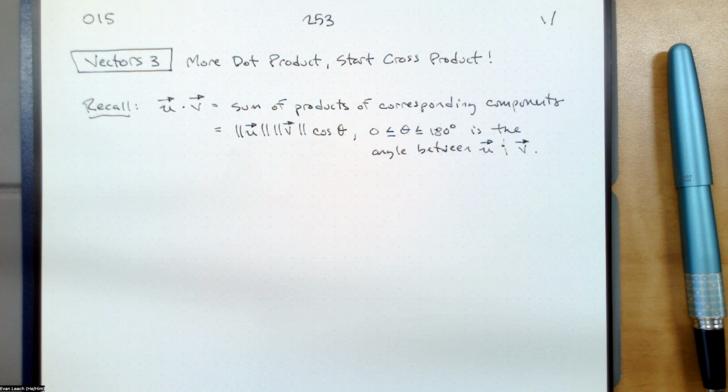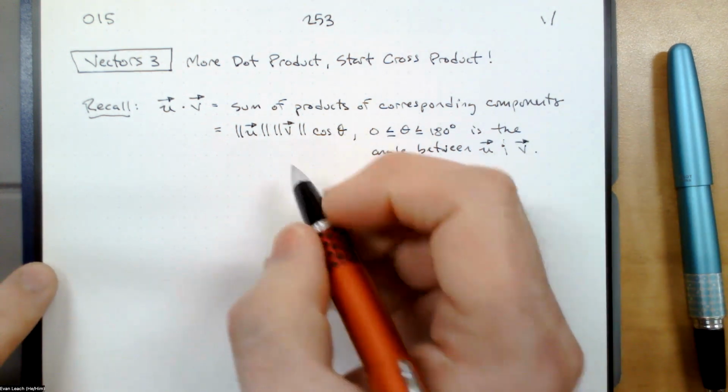The way we want to think about calculating it is the magnitude of u times the magnitude of v times the cosine of theta, theta being the angle between u and v, and also between 0 and 180 degrees. So it's the short angle between u and v. That's the angle where we're multiplying at an angle.